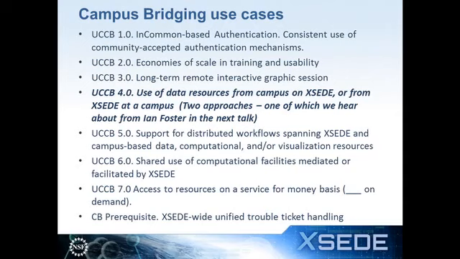And finally, access to resources just for when I need something right now, so I'm going to pay for cycles. And all of this has to be supported by unified trouble ticket handling that's going to be able to quickly get support issues to the responsible parties.